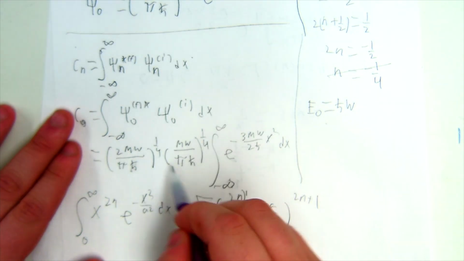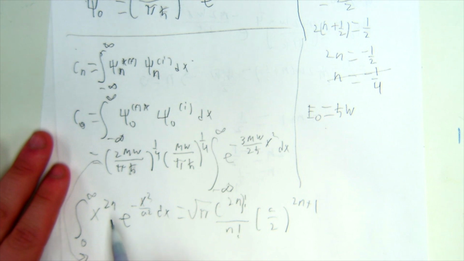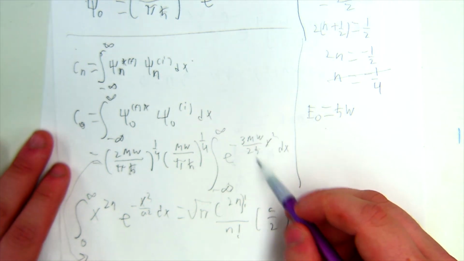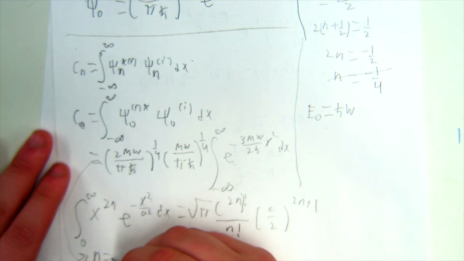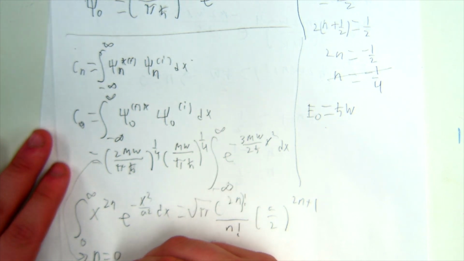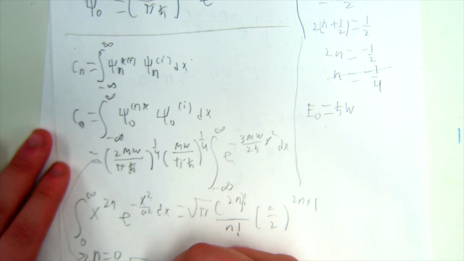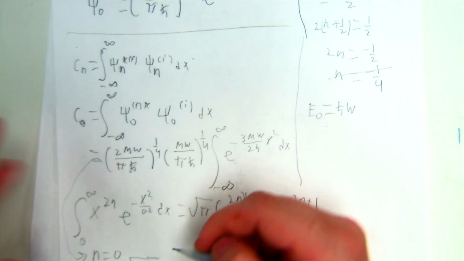Now, for our integral here, since we're not actually multiplying by an x anywhere, our n is going to be 0, and our a is going to be the square root of 2 h bar over 3 m omega.